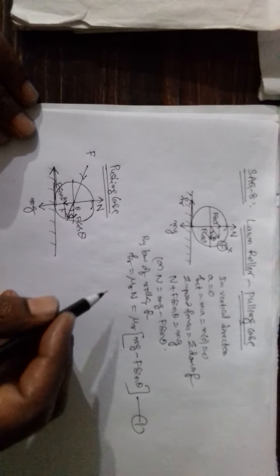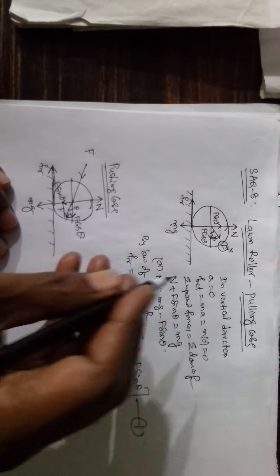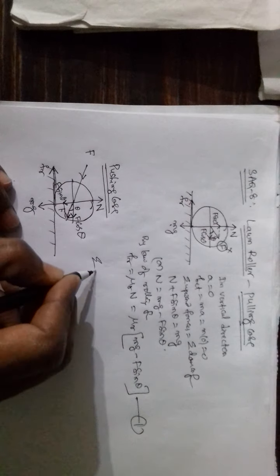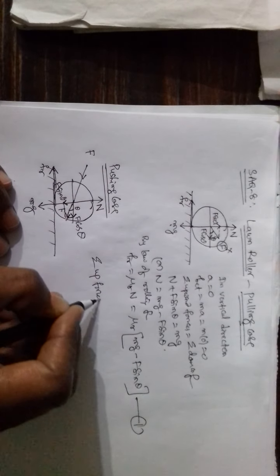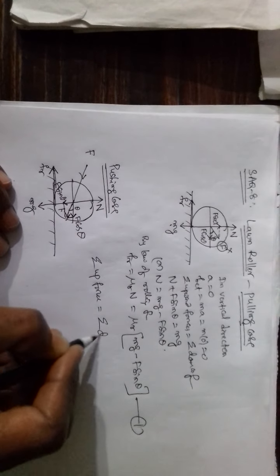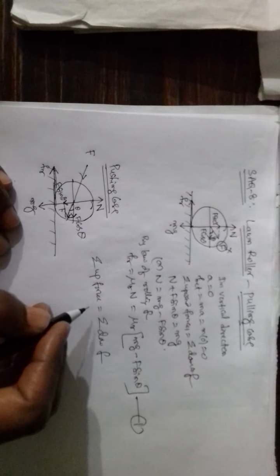And here, since the roller is moving to right hand side, friction will be to left hand side. Now, just like that, sum of upward forces, sum of downward forces.